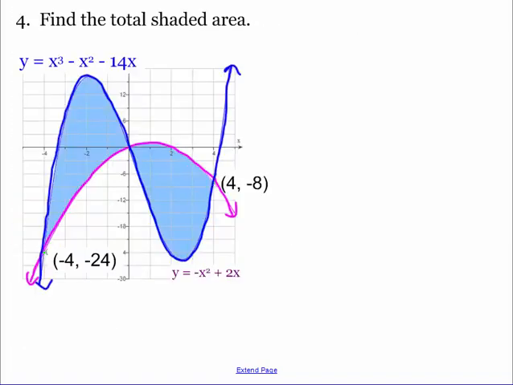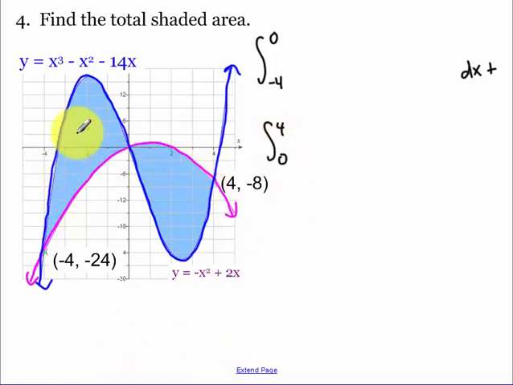In this example, we have one function that is strictly not above the other function. Here at 0, the blue function switches to be the little y. So you have to break up your integral in this case. So I'm going to have one integral from -4 to 0 of something with respect to x, and I'm going to add to it the integral from 0 to 4.